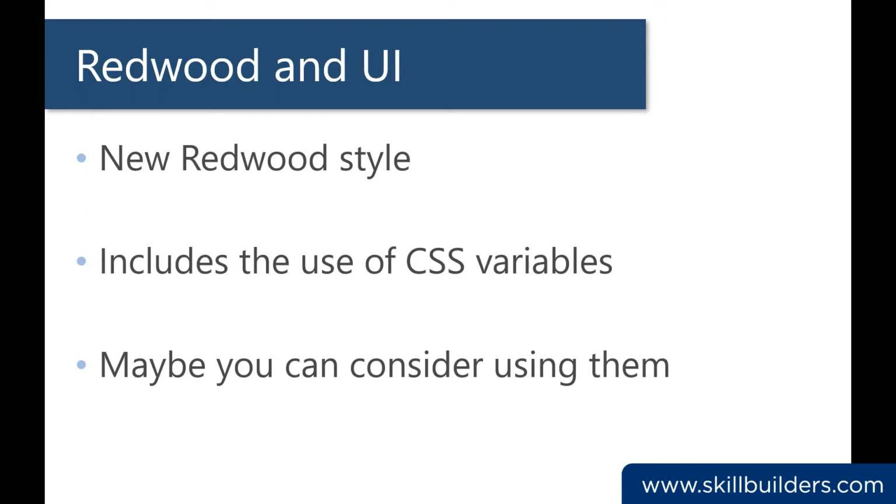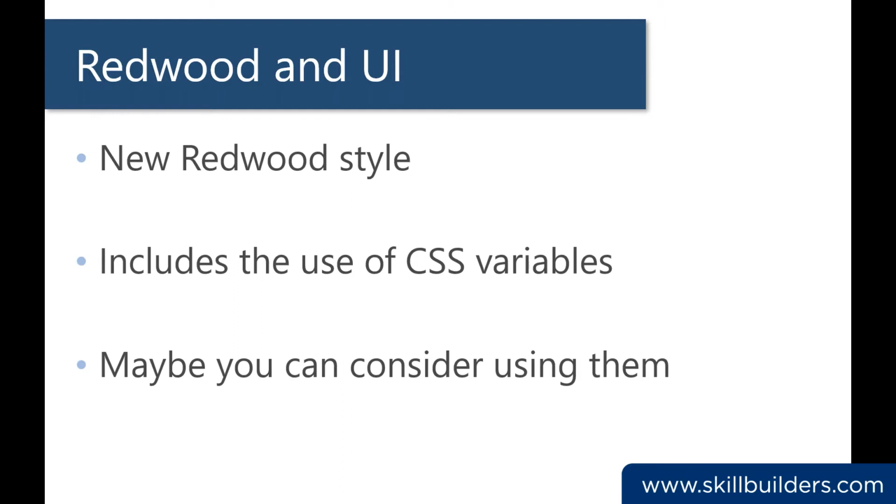But in providing this new Redwood UI, one thing that was introduced that I thought was pretty interesting and noteworthy is a newer technology called CSS variables. A CSS variable is just a way for us to declare a value in our CSS files and to reuse it. We can mutate and change those values, and they have an impact on the way that our page looks.